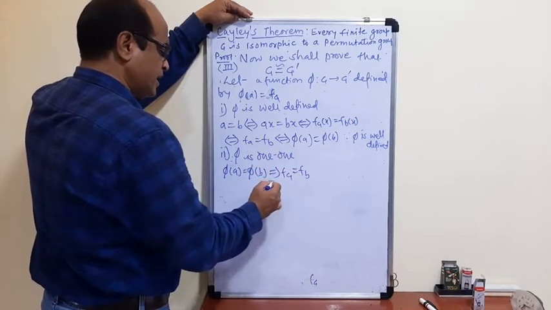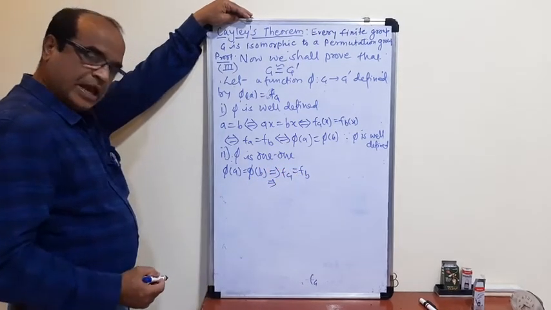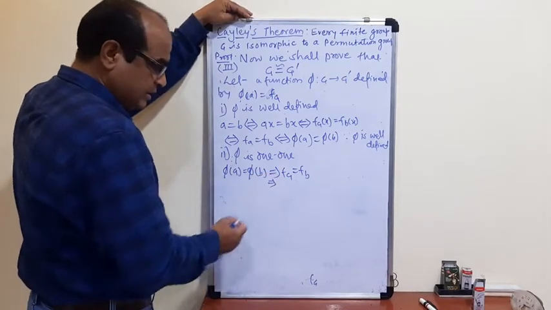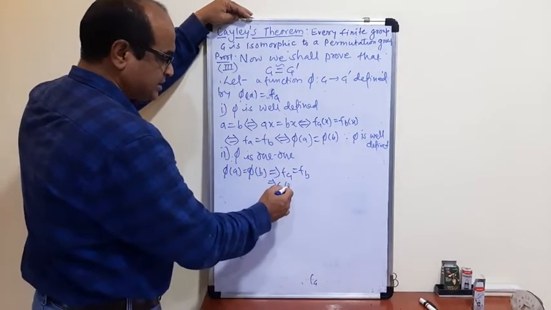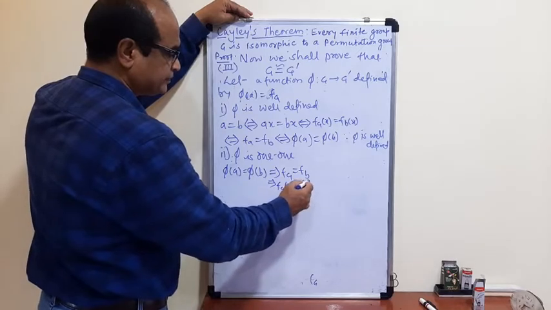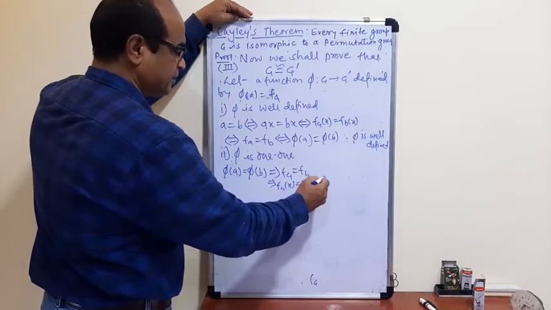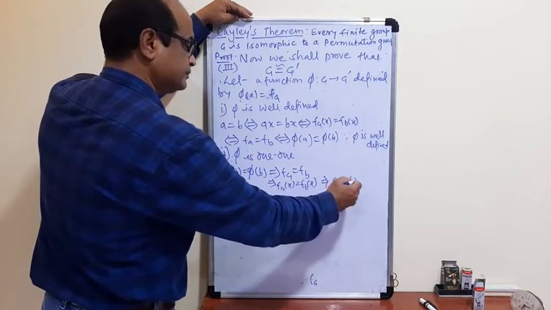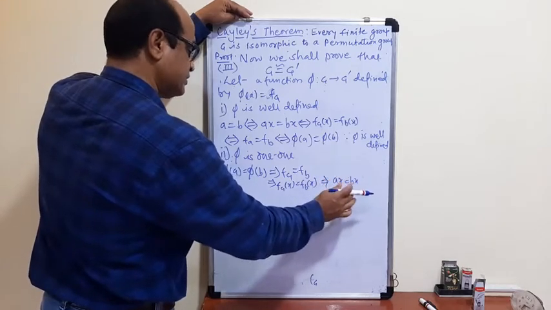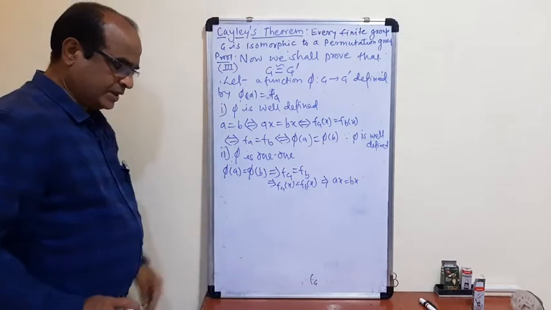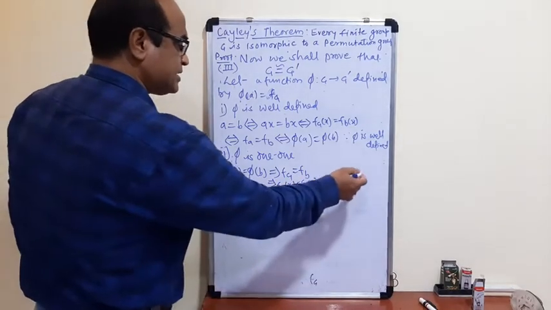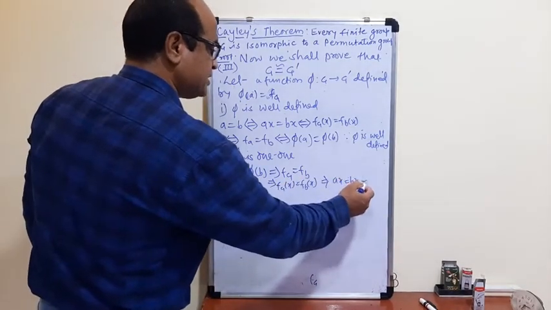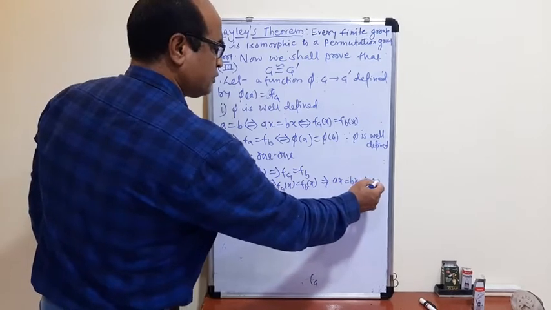So by definition, fa x is equal to fb x, which implies that ax is equal to bx. By right cancellation of x, this implies that a is equal to b.